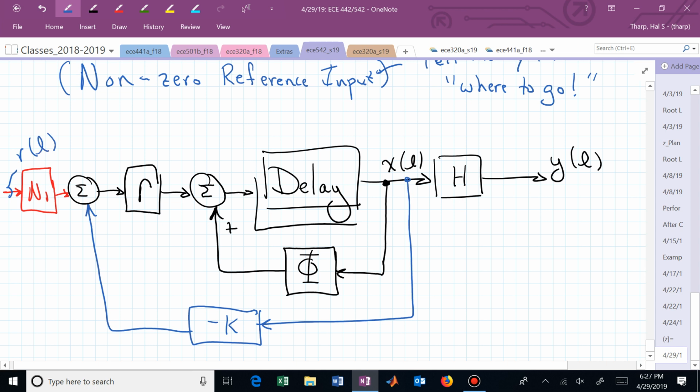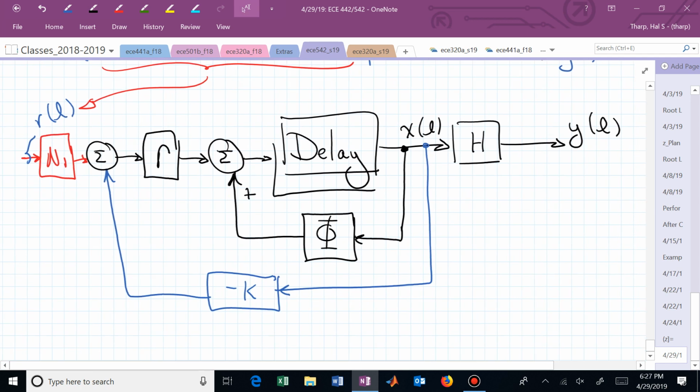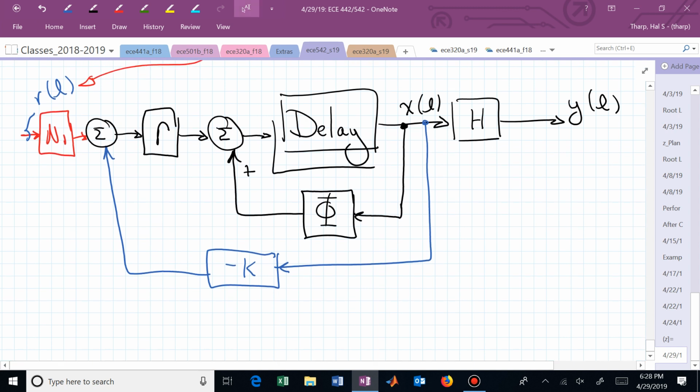There's our reference input that we want to use to tell our system where to go. We're now introducing a new matrix. If it's single input, this may just be a scalar. We're introducing a new scalar to allow us to inject a reference signal into this system. Getting all choked up. This is very emotional, I guess, putting that reference signal in.